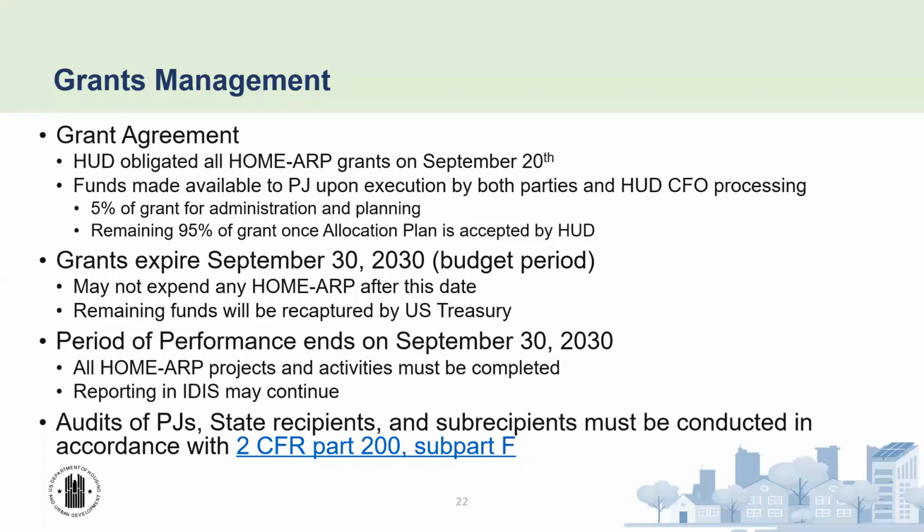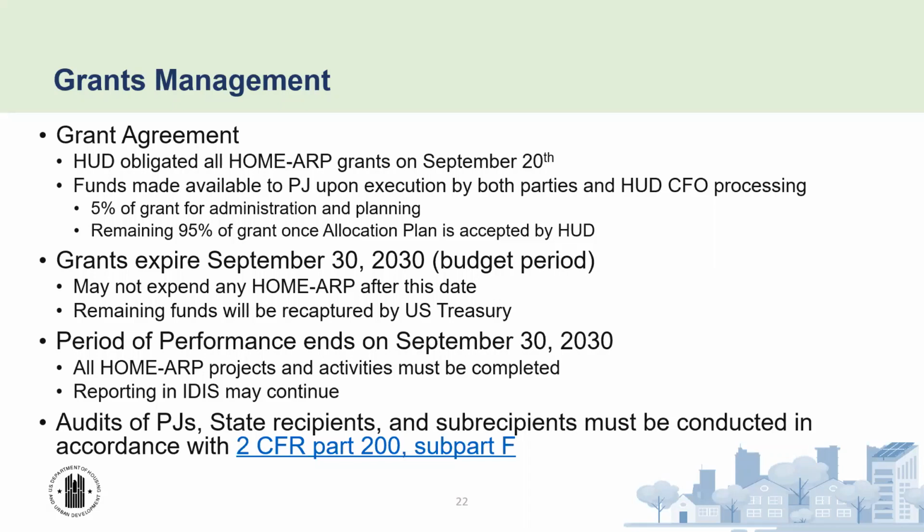By signing the grant agreement, the PJ agrees that funds invested in affordable housing under the HOME-ARP notice are repayable if the housing no longer meets the requirements of the notice during the compliance period, or the non-congregate shelter no longer meets the requirements of the notice during the restricted use period.